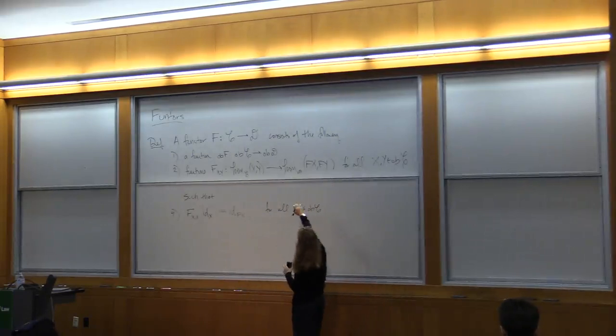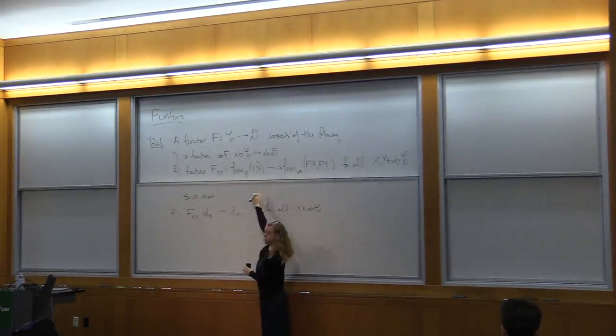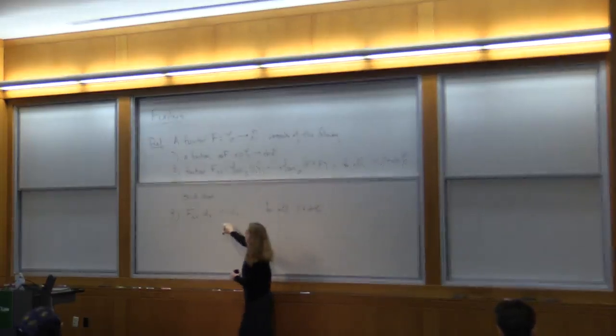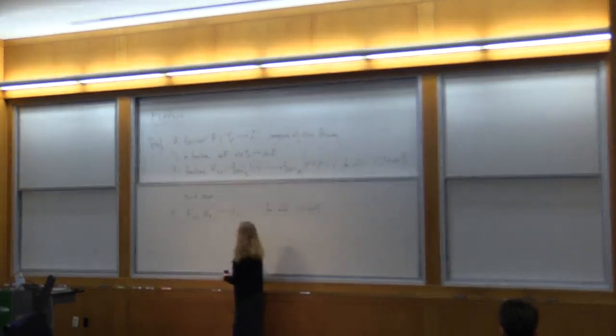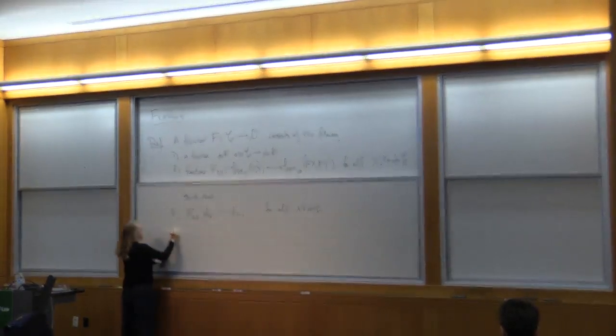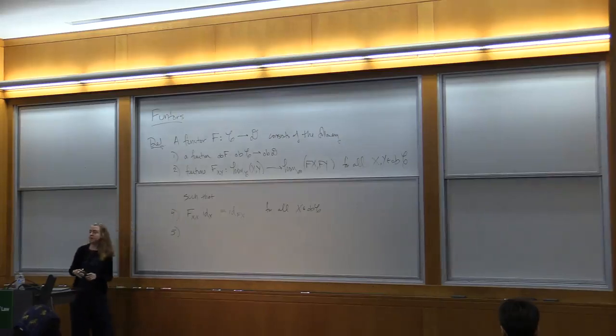So we want the functors here to preserve the identities. Take the identity on X, the identity on Fx. And similarly, we want it to preserve composition.